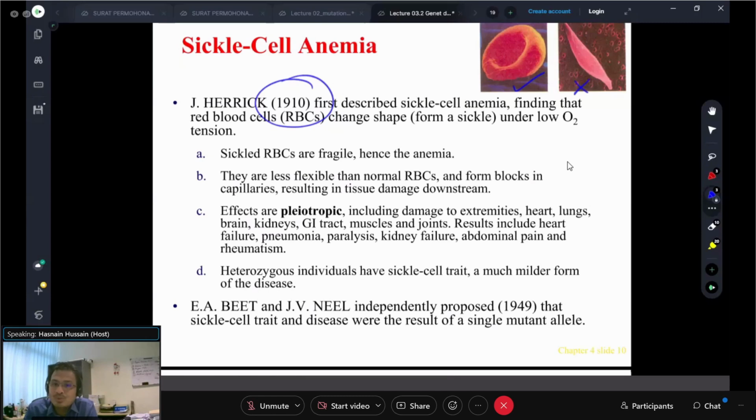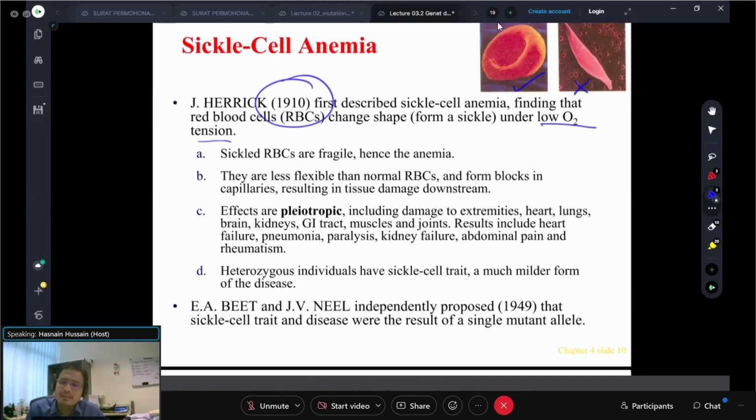But at that time they already knew that the different shape causes the inability of the red blood cell to hold the oxygen. And then they found that when the red blood cell is in a situation where the oxygen is less, you can see the difference in the shape.